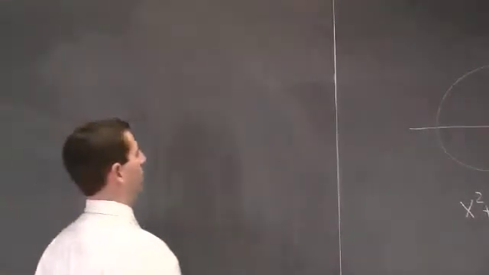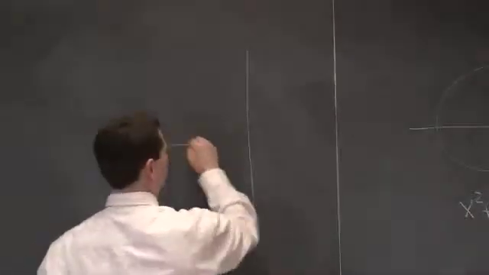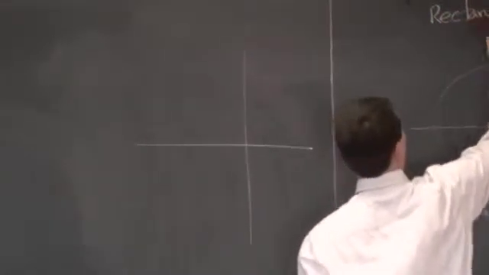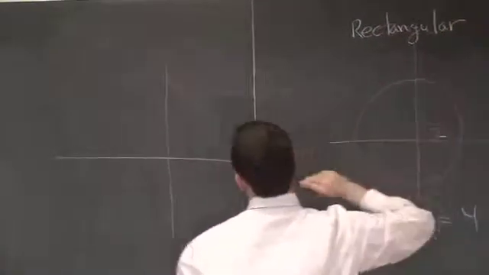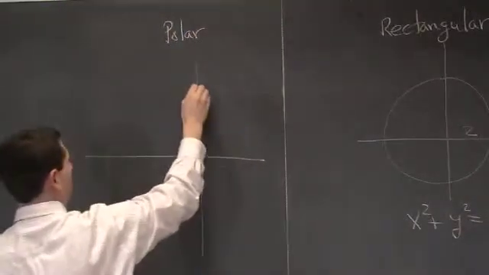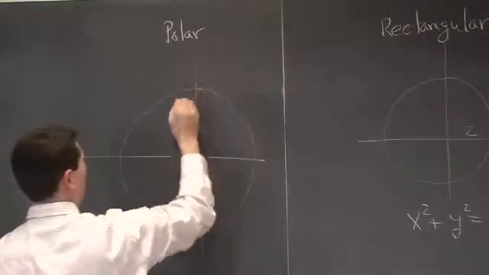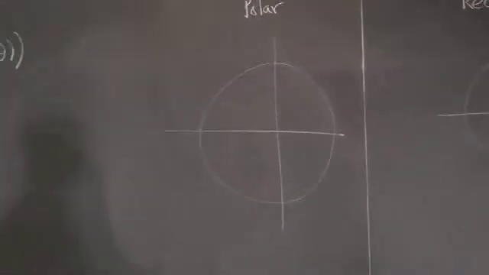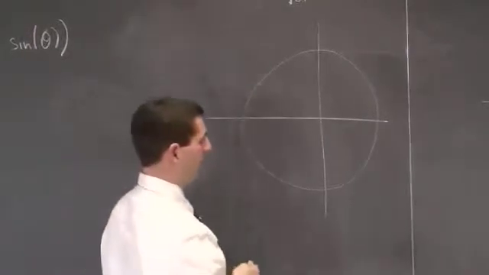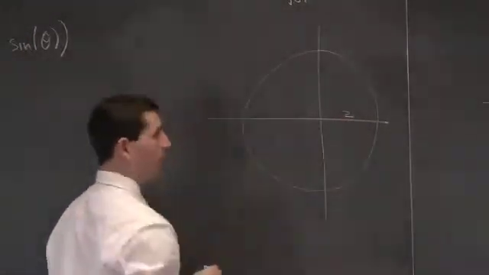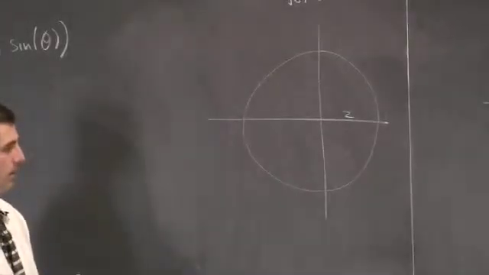Let's do this in polar coordinates. Somehow I want to write this down as a nice function here, again with radius 2. I want to do this in polar coordinates.